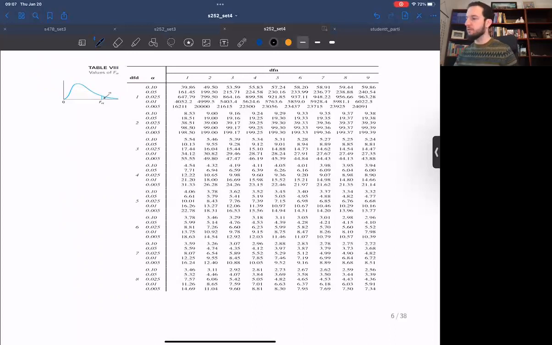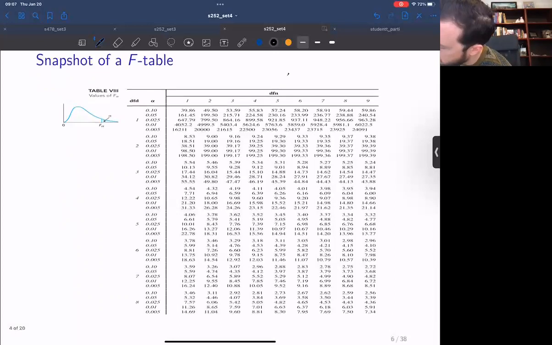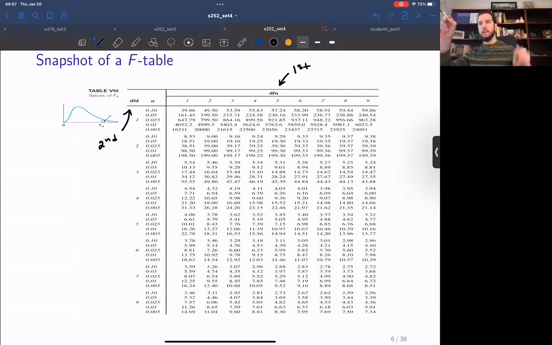So we have the first degree of freedom and the second degree of freedom. We always go across and then down, and then we match to the significance level. So this would be page 1 of our F tables. On page 2 of the F tables, the DFN increases. And then on page 3, the DFD increases.